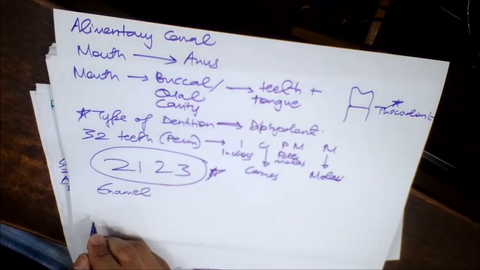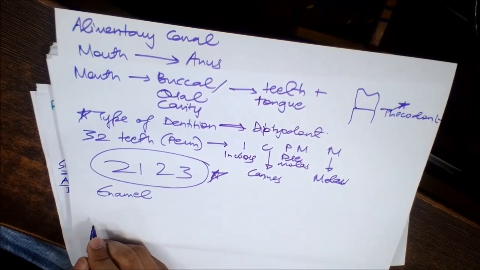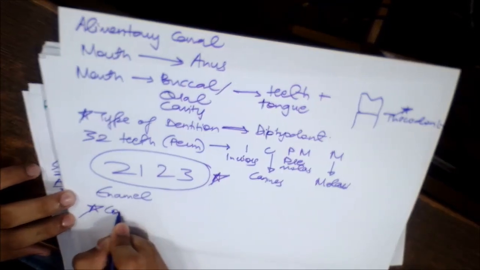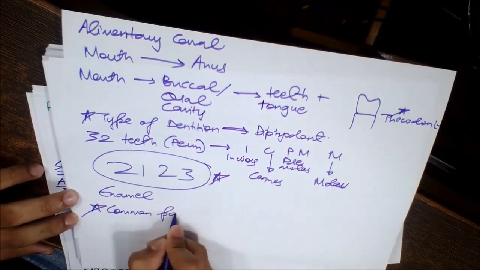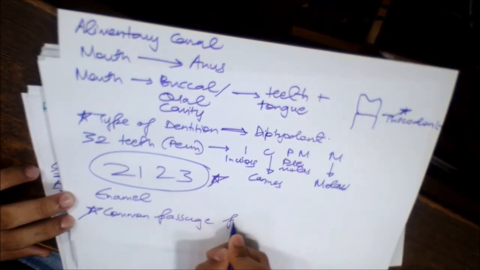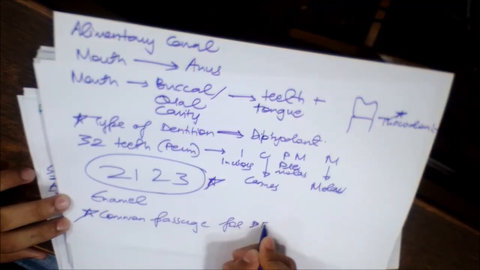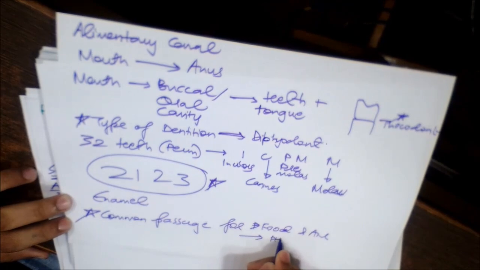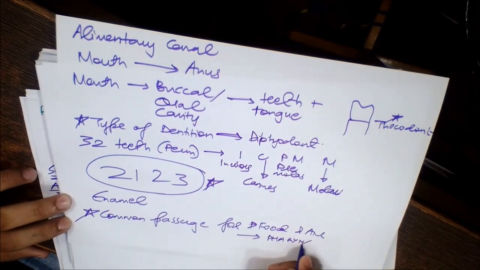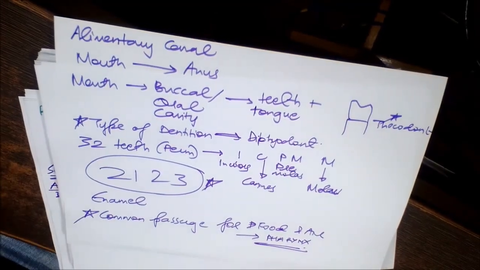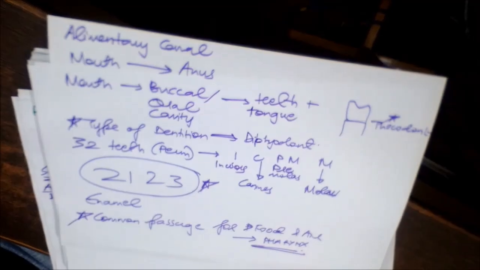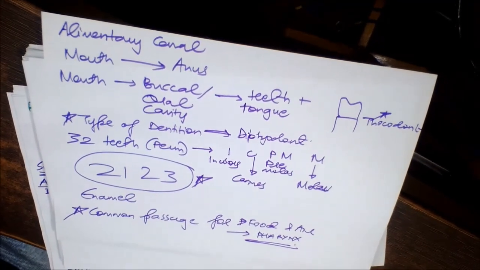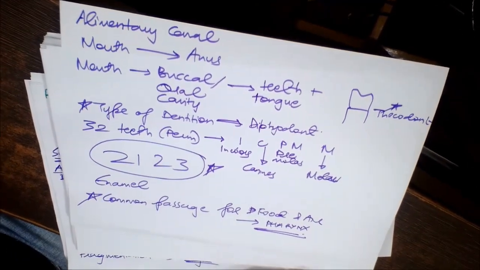The oral cavity then leads into a short pharynx which serves as a common passage for food and air, which is a very important question. Common passage for food and air is the pharynx. The oral cavity is followed by this part, which contains a cartilaginous flap called the epiglottis, which prevents the entry of food into the glottis, the opening of the windpipe, during swallowing.